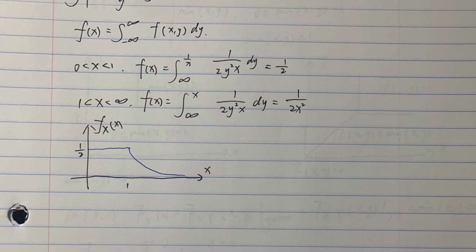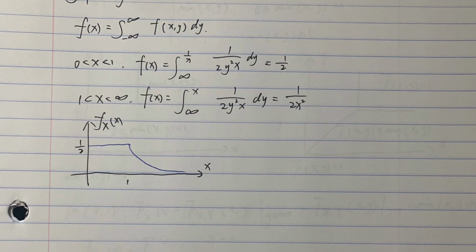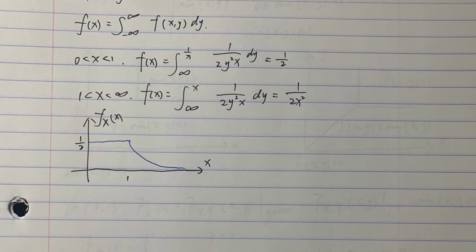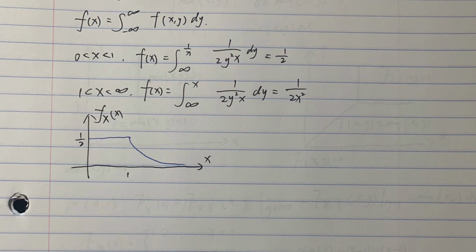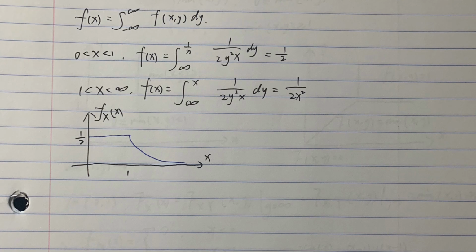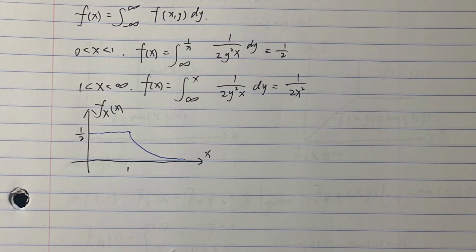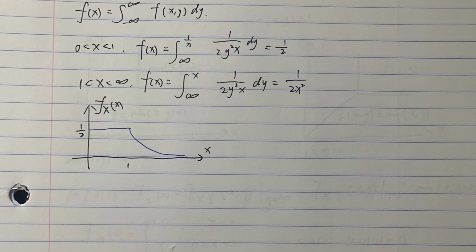And when x is bigger than 1, f_X equal to the integral from x to infinity of 1 over 2 multiplied by y squared multiplied by x dy, equal to 1 over 2 multiplied by x squared.